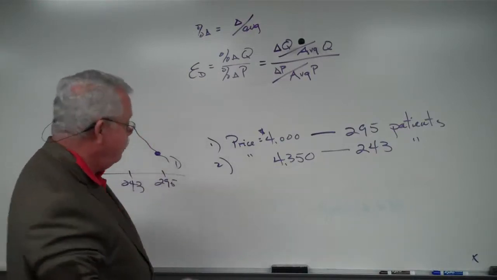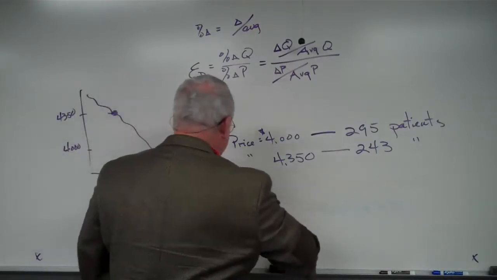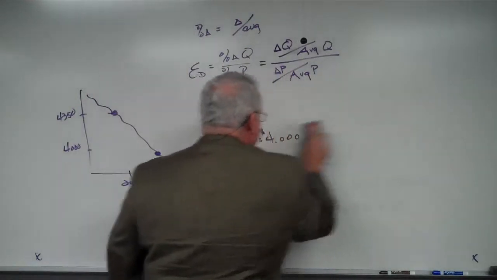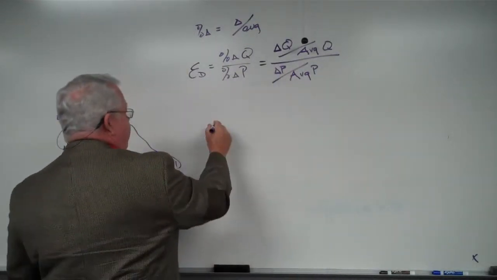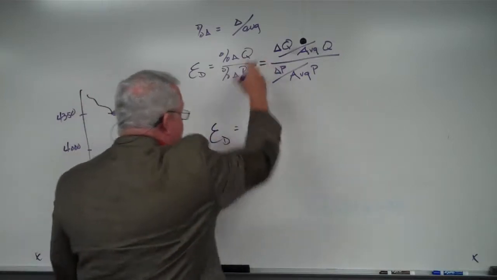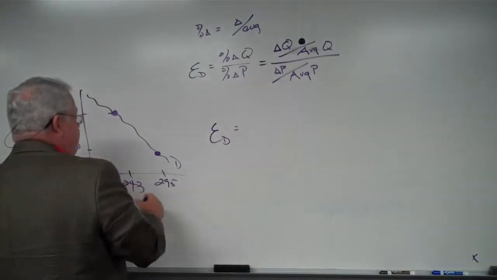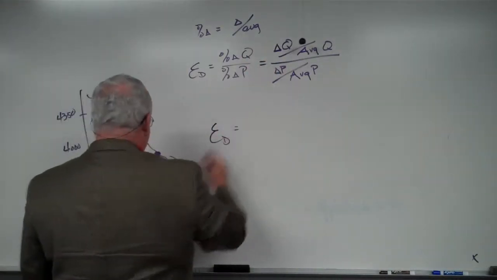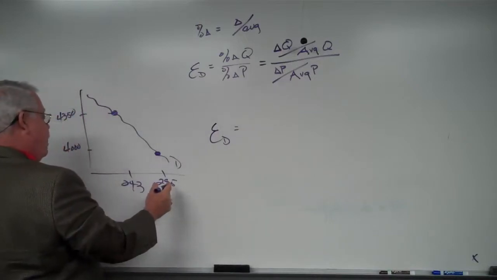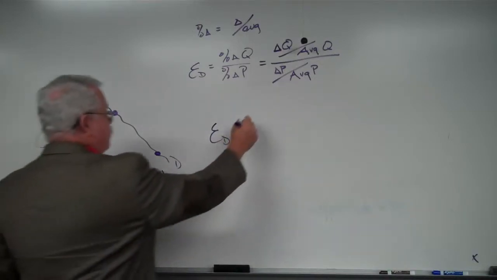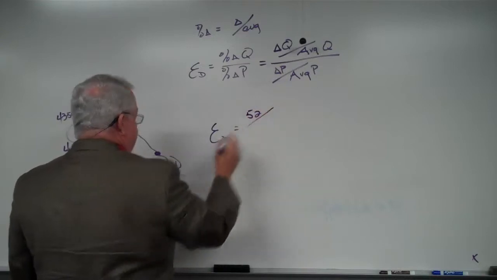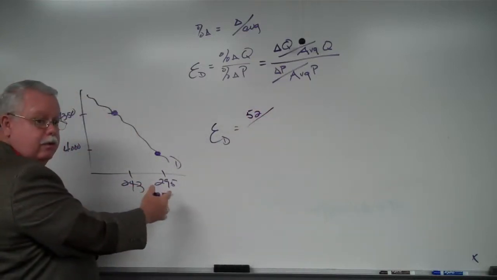In this case, I'm going to erase these numbers since I've got them on the graph. My price elasticity of demand that is implied from my calculations is that the change in quantity from 243 to 295 is what? 52? Yes. And how do I find the average between those two?